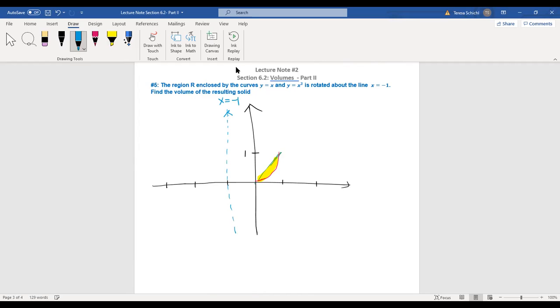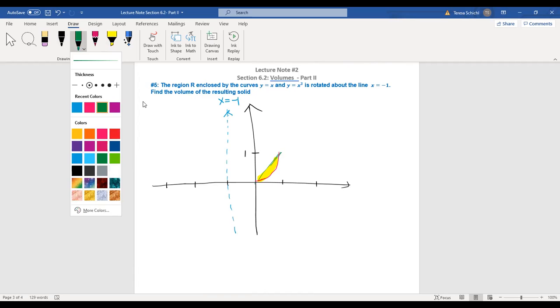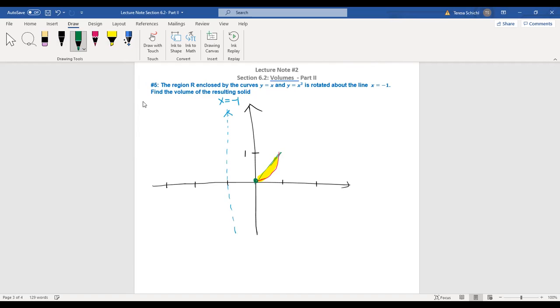Now let's see how I shift the points. Let's start here: this point is 1 unit away from the new axis, so this point goes over to here. Am I right?